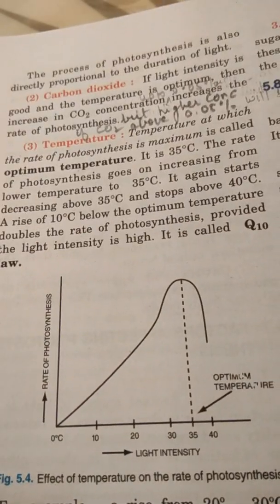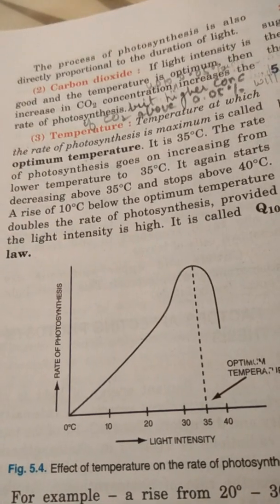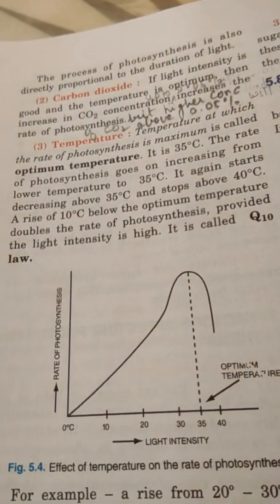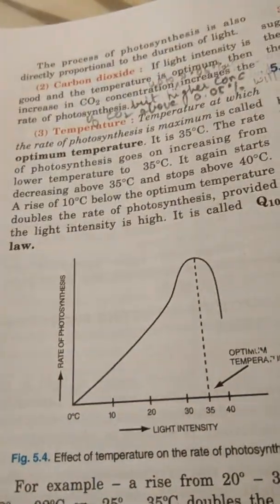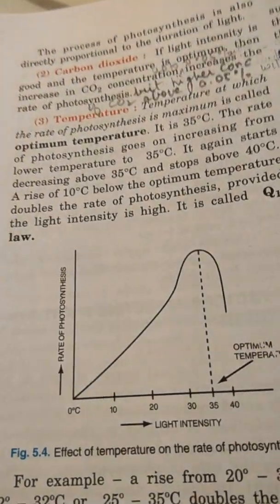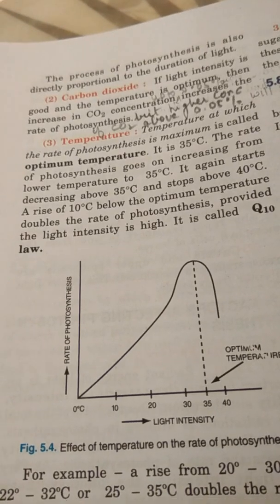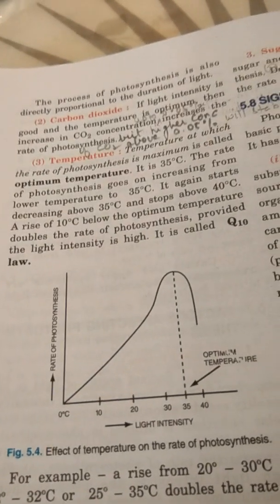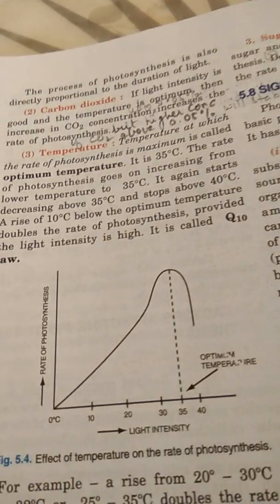Temperature. The temperature at which the rate of photosynthesis is maximum is called optimum temperature. That is the best suitable temperature where the rate of photosynthesis is maximum, and that is 35 degrees Celsius. The rate of photosynthesis will keep on increasing from lower temperature to 35 degrees Celsius.